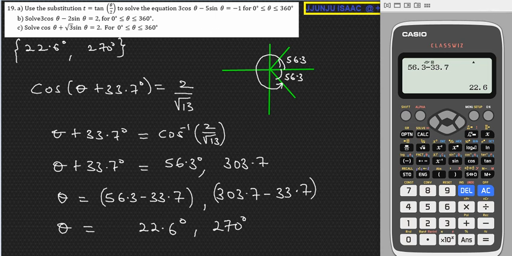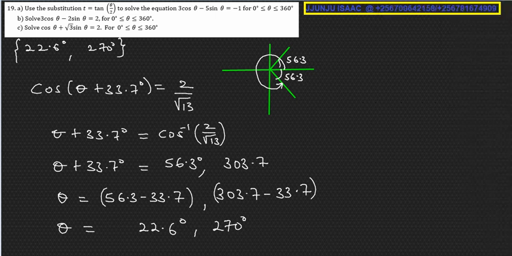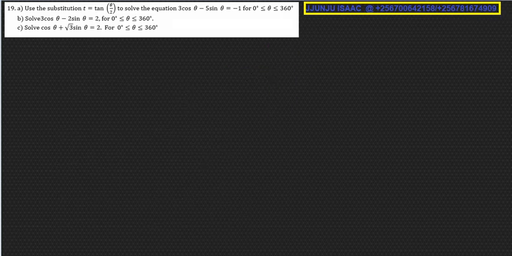So that is interesting. So we are going to do this one here. We are going to use a T formula. You can also use the other formula because we are not restricted to use any. So let us see. For this second part, we have cos theta plus root 3 sin theta equal to 2.